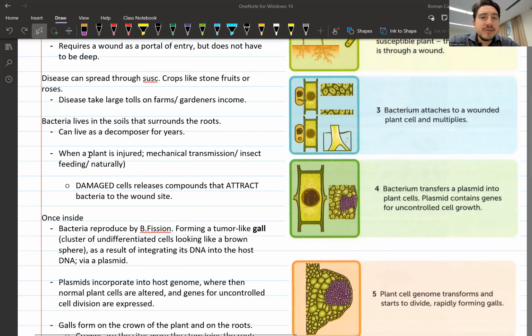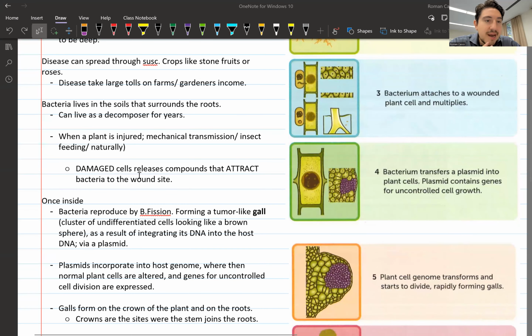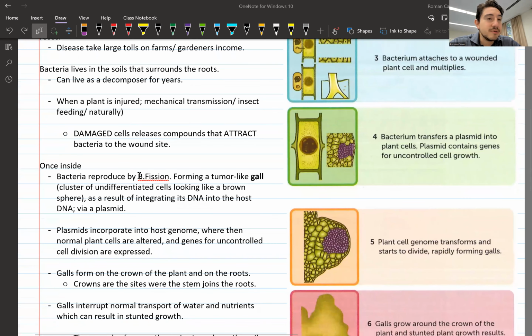Okay, so in general, this bacteria can live in the soil, and of course the soil surrounds roots. If you don't have any roots at the moment, it doesn't mean that the bacteria can't thrive. It can live as an independent decomposer in the soil, or it can be in a dormant state, which we're going to talk about in a bit, for many years. And then if it has a suitable host, it will immediately cling on and start growing there. One interesting thing about this bacteria is that it's very sensitive to chemical signals in the environment.